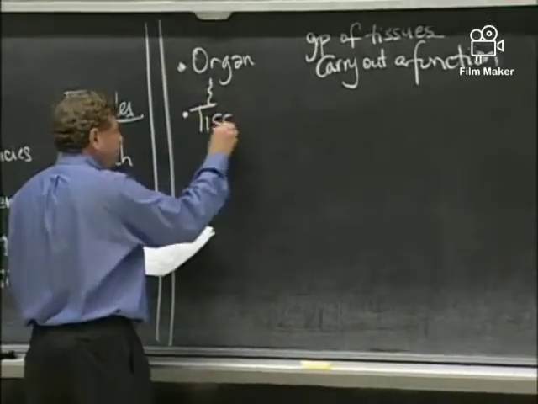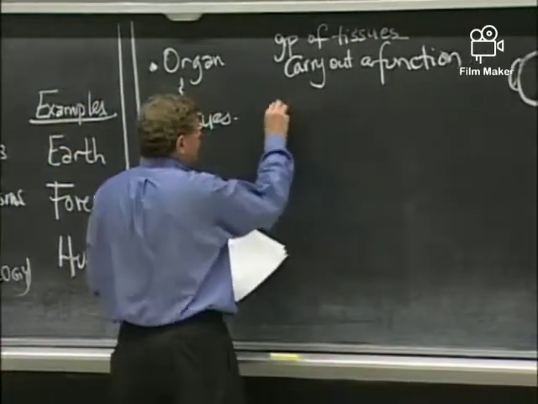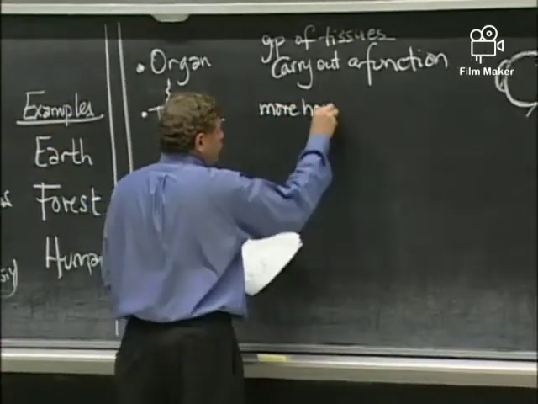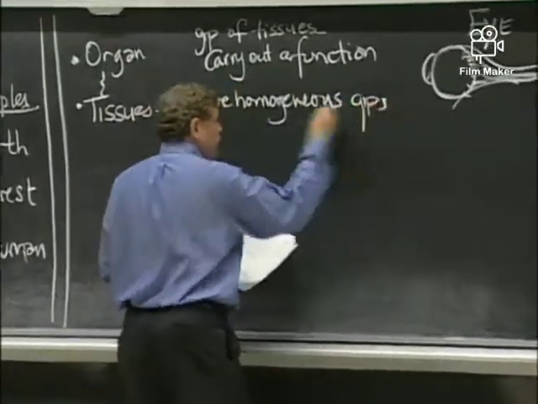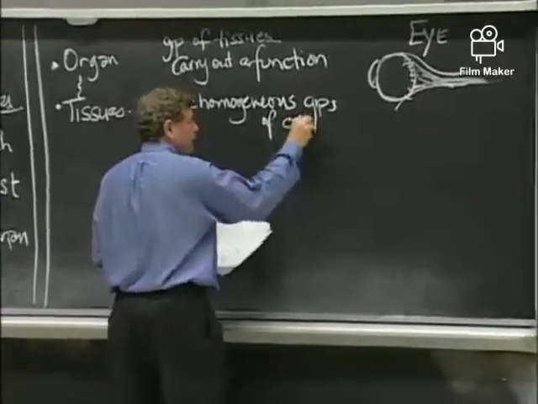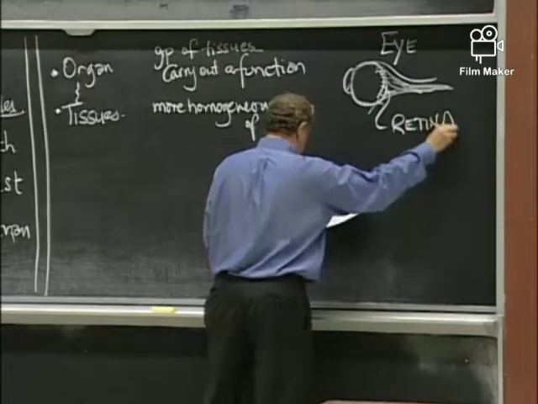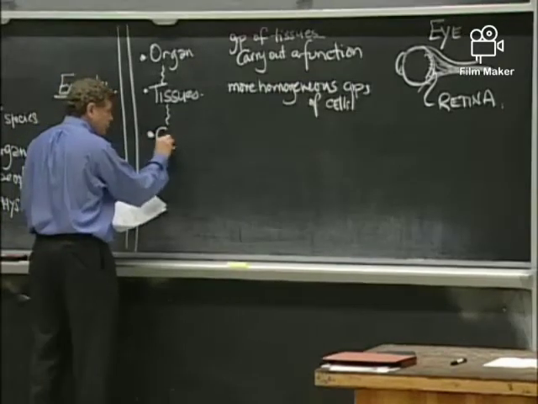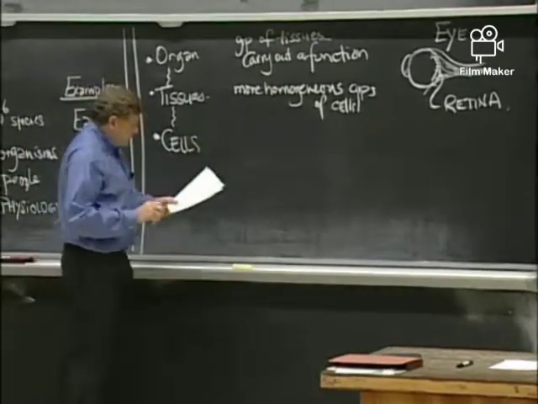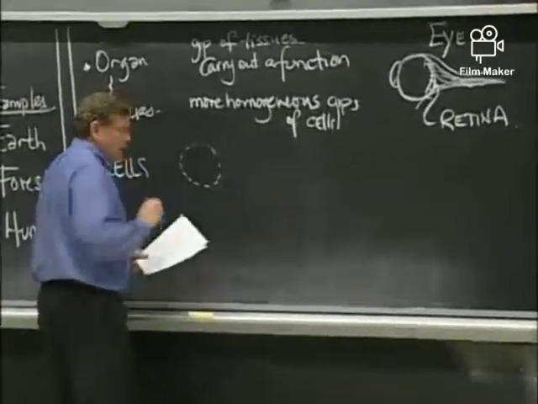Okay, going down one level below that, we have tissues. These are more homogeneous groups of cells. So we could have, say, the retina. Then those tissues are made up of cells. So cells, of course, are bounded by a membrane.